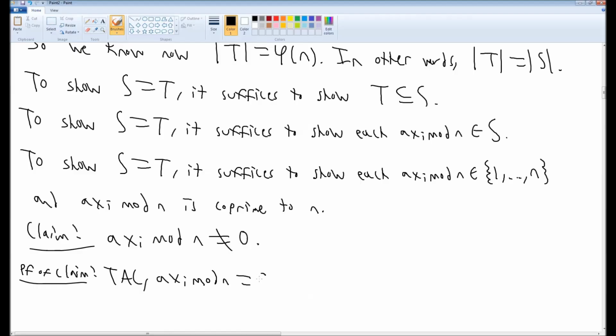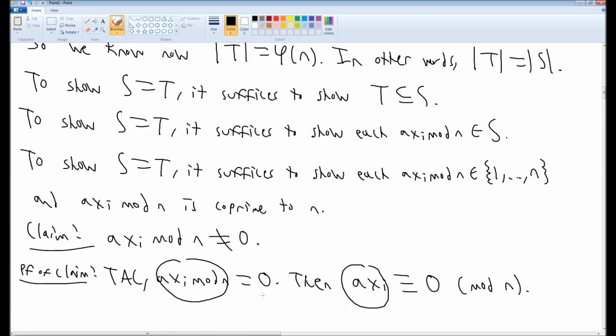Assume a xi mod n equals zero, okay? Well, if this equals zero, then in particular, a xi has to be congruent to zero modulo n, right? Because we know this is congruent to this, and this equals zero, so therefore it's congruent to zero, okay?